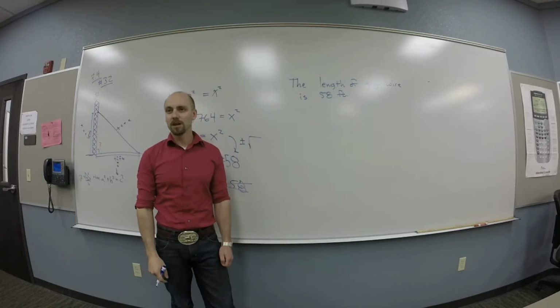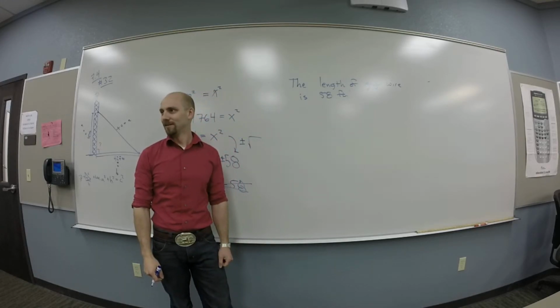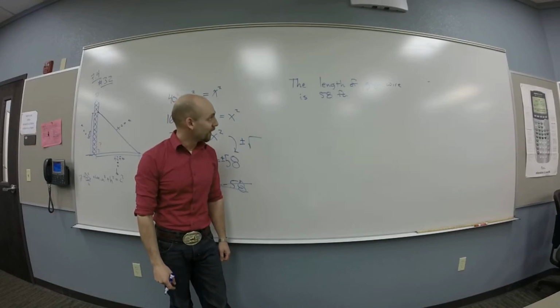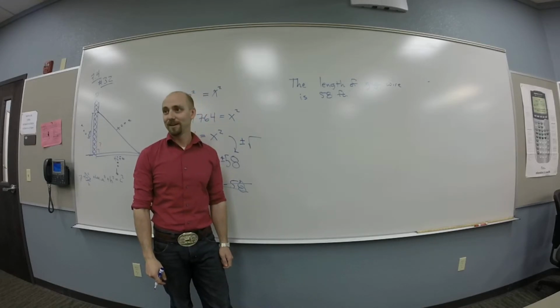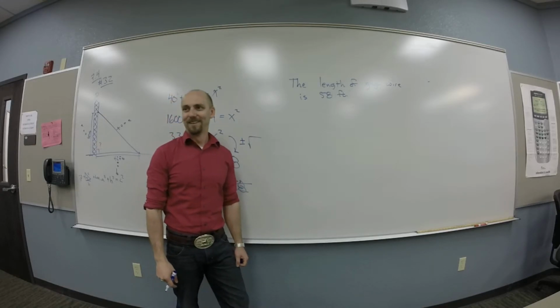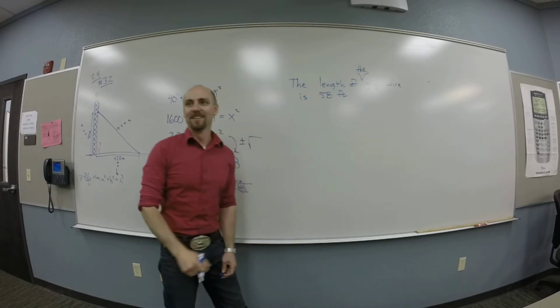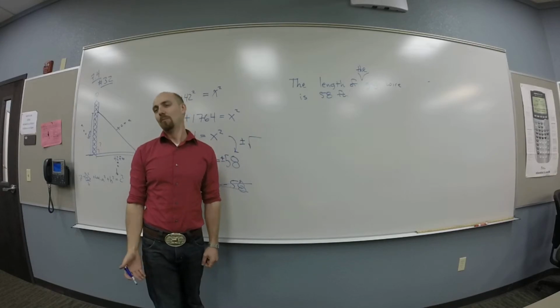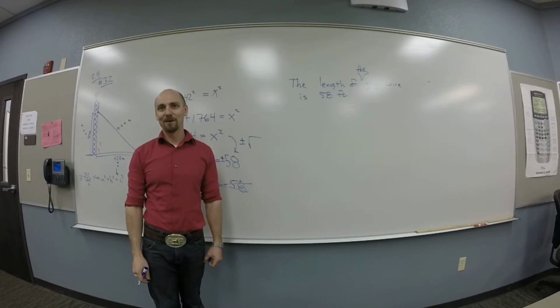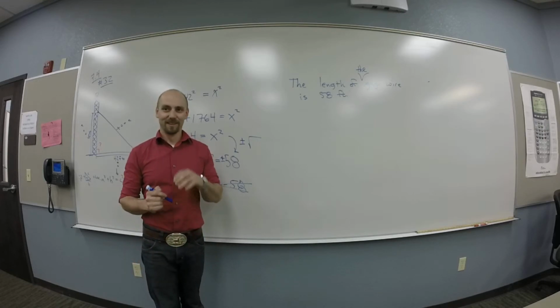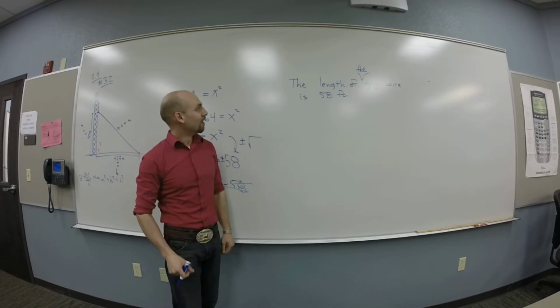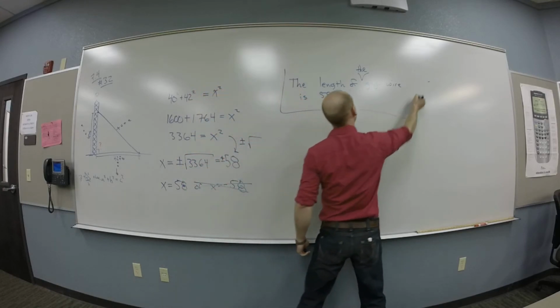Does my sentence look okay? The length of guy wire is 58 feet. Yeah, I kind of lost a word, right? You see that? Preferably correct grammar. I'll settle for subject verb. Okay, all right, awesome. That looks good to me.